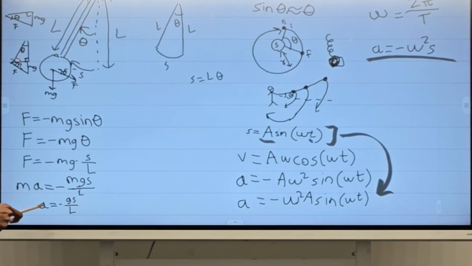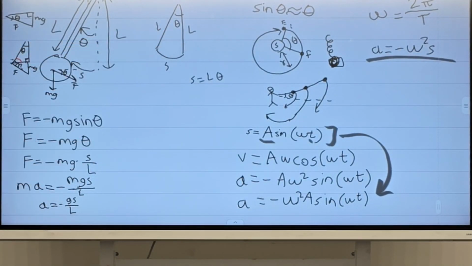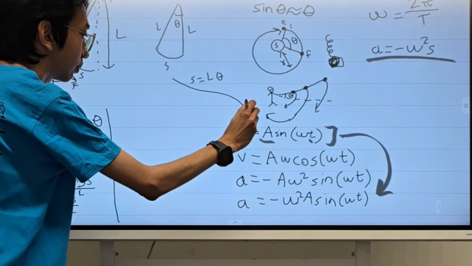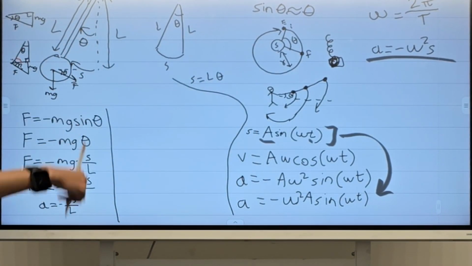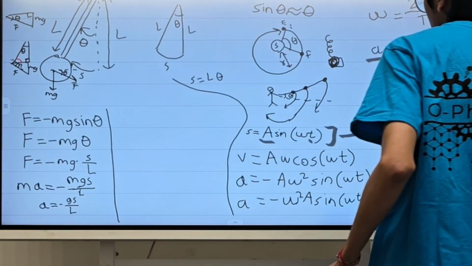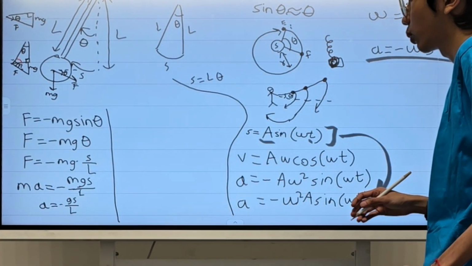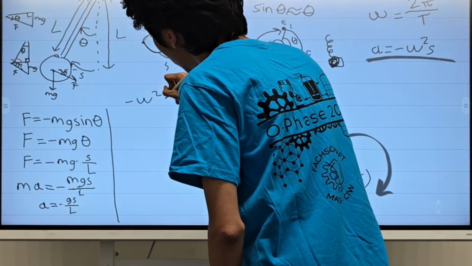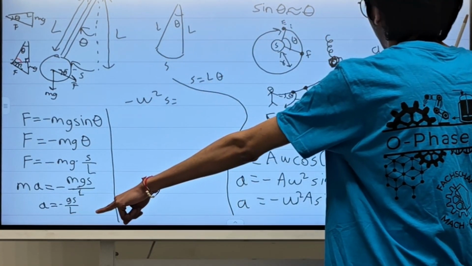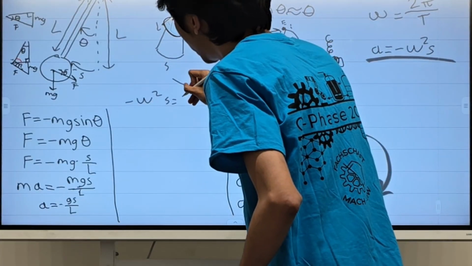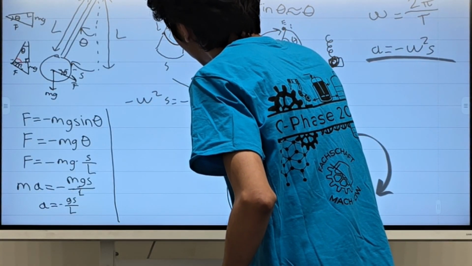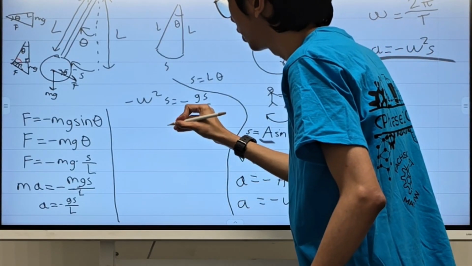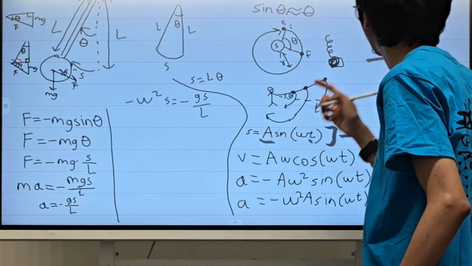Okay, we have this here. We have that there. I'm going to put this in here. So what we're going to have is negative omega squared s is equal to, because a is negative omega squared s, negative g s over L. s and s cancel each other out. We have negative omega squared, which is again this thing squared.